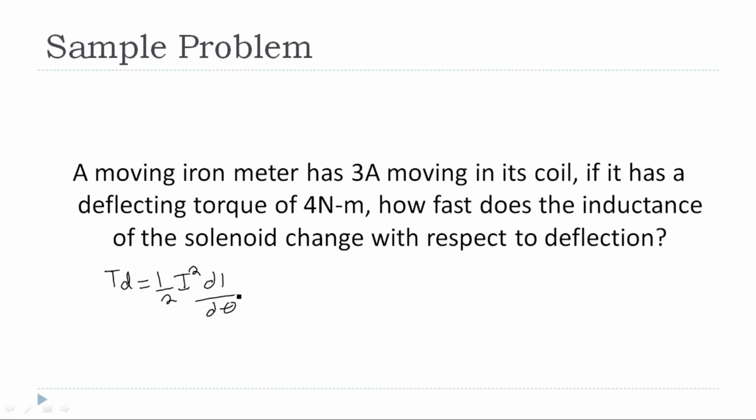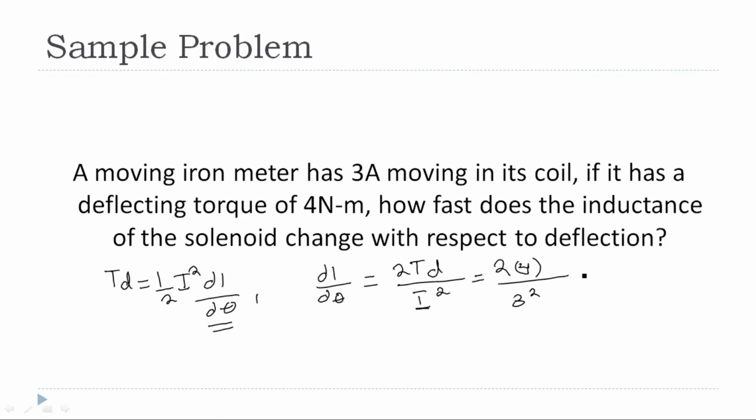So what we are looking for is dL over d theta. So dL over d theta is equal to 2 times TD divided by I squared. So that equals 2 times, the deflecting torque is given here, 4 Newton meter, divided by 3 ampere squared.